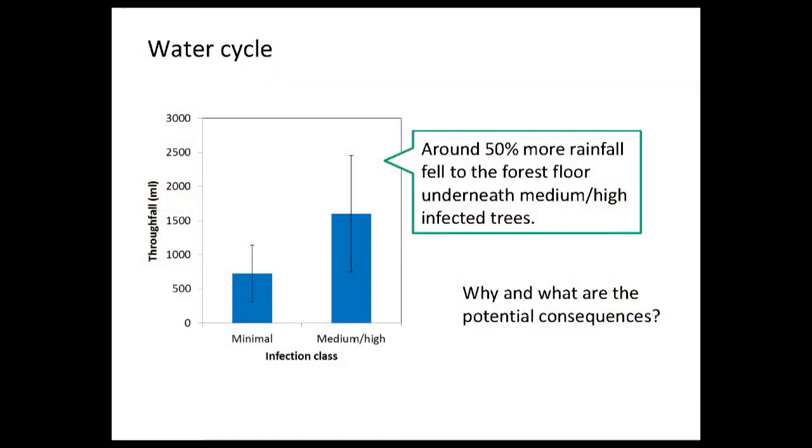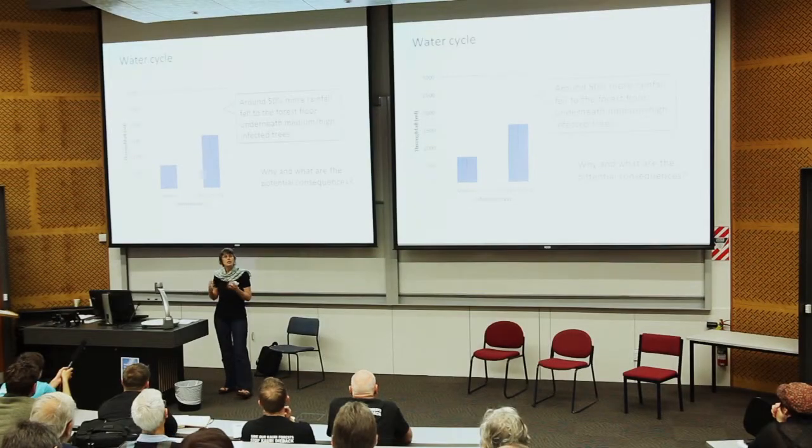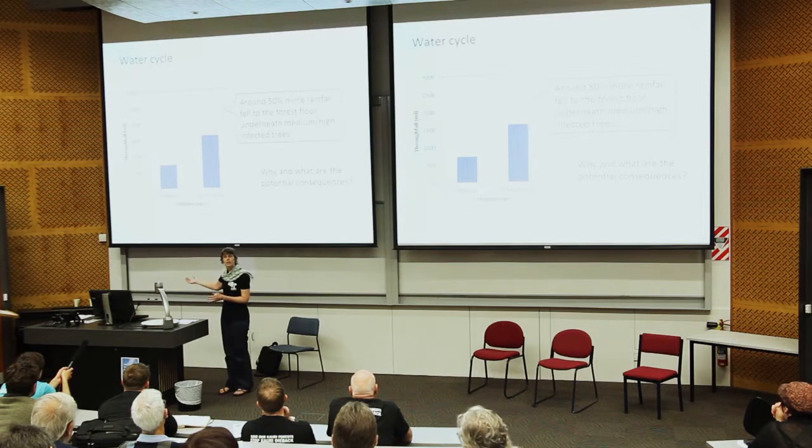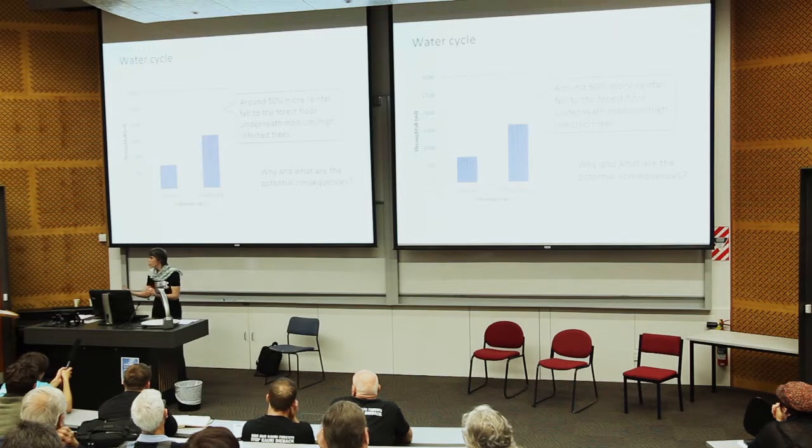Shown is the throughfall, the amount of water in milliliter we found in the collector you have seen just before. Under the minimally infected trees, there was less water passing through the canopy compared to underneath the trees which were already rather sick.